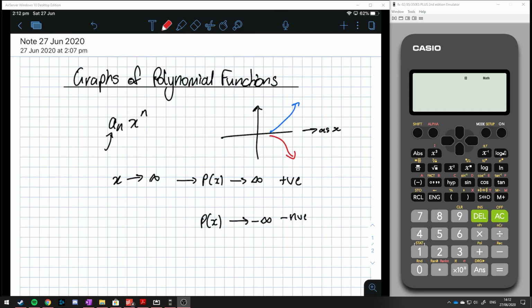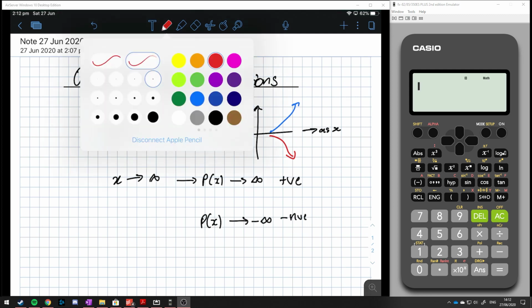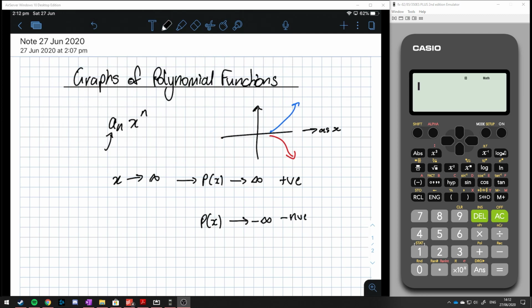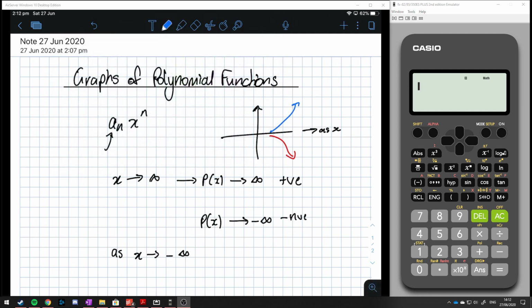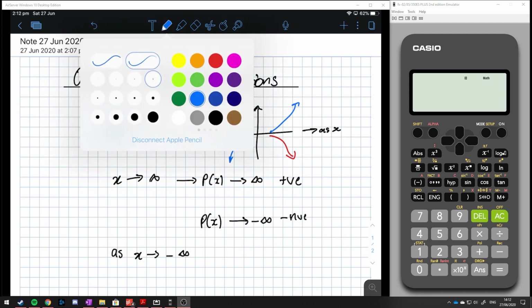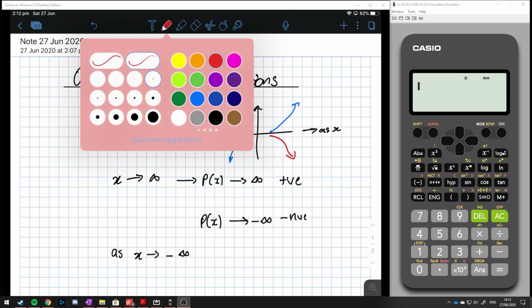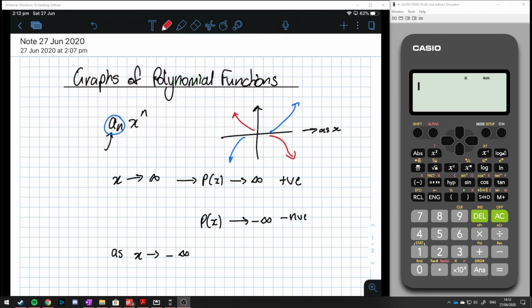Now, if x approaches negative infinity, so if we're going the other way, it basically does the opposite. If the term out the front is positive, then it's going to go this way, and if the term out the front is negative, then it's going to go this way, okay?